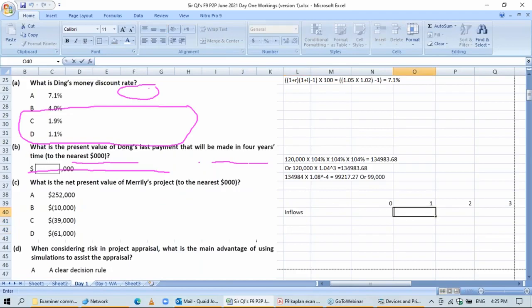So in year 1, the inflow amount was 2,000, and this inflow is expected to increase by 2%. So this gives you 2,040.